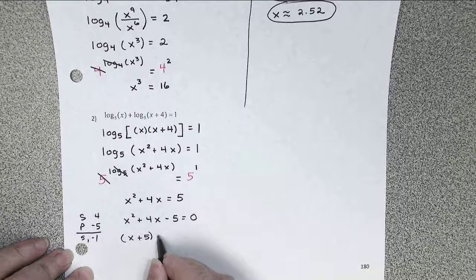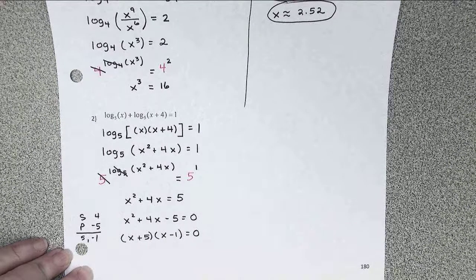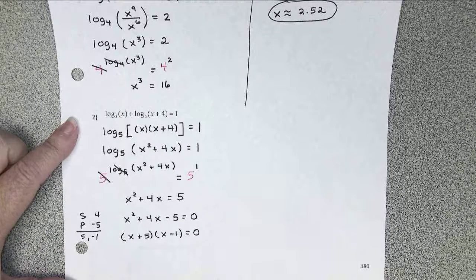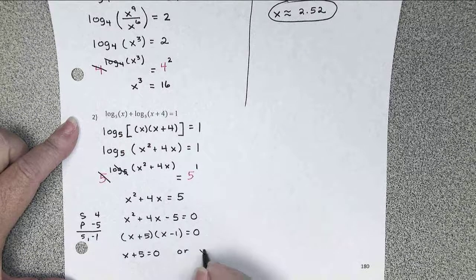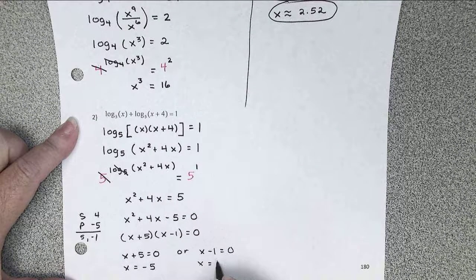So x plus 5, x minus 1 equals 0. Giving me x plus 5 equals 0, or x minus 1 equals 0. x equals negative 5, or x equals 1.